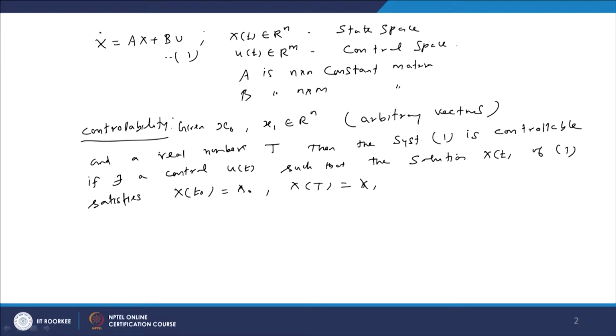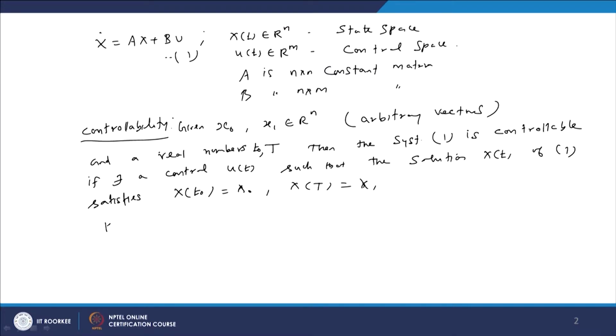So, here given real numbers t0 and t1, some initial time and final time, and two arbitrary vectors x0, x1. If you are able to find a control u of t so that the solution has x0 as the initial condition and x1 as the final condition, then we say that the system is controllable.